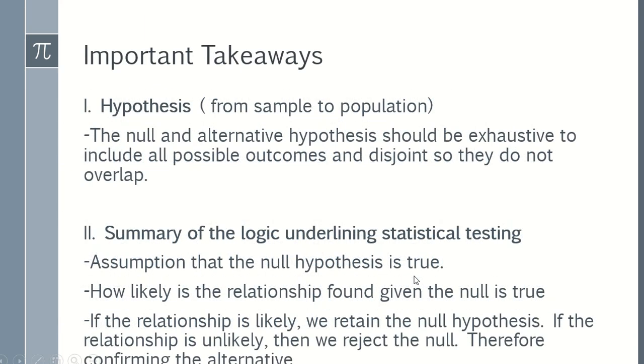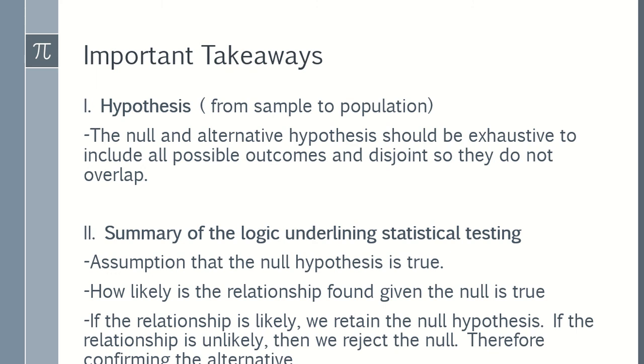Now, in terms of the important takeaways, it is crucial that the hypotheses are well formulated. The two hypotheses need to be exhaustive and mutually exclusive. If one of the hypotheses is true, that means the other one is false. And if one of the hypotheses is false, then the other one has to be true.